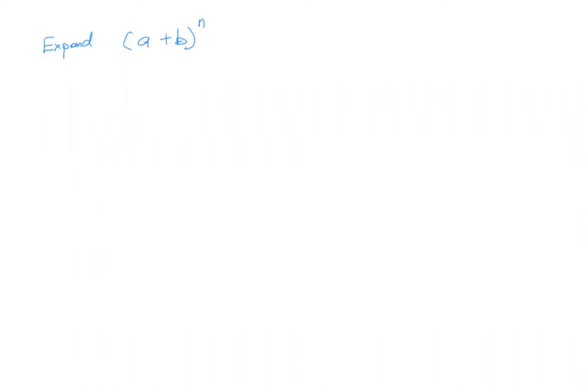So it will start like that: nC0 a to the power 0 b to the power n, plus nC1, the power for a goes up by 1 and the power for b goes down by 1.